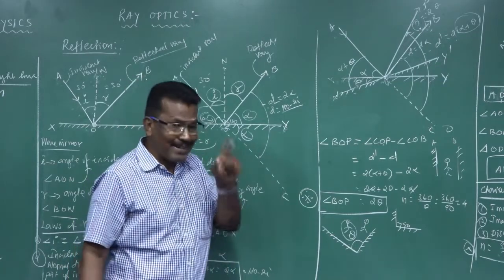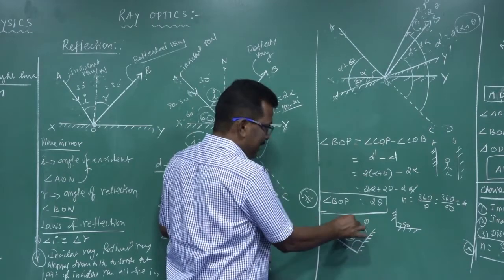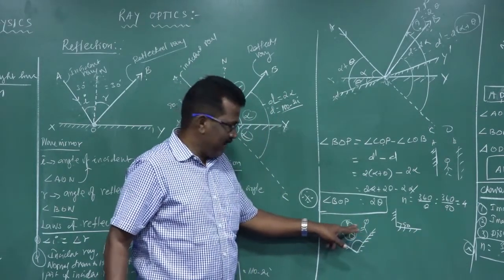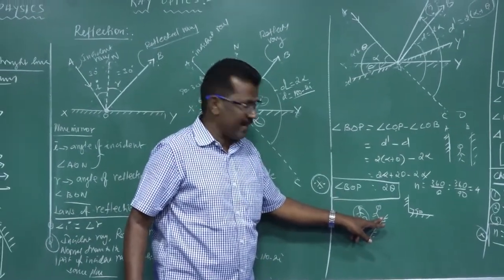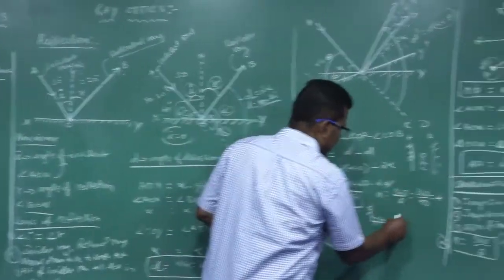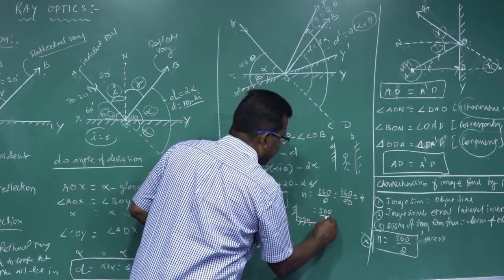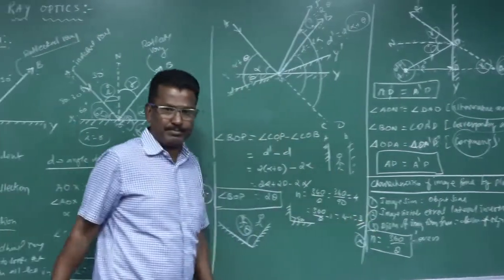The actual count depends on whether it is symmetrical or non-symmetrical. Symmetrical means the distances between the object and the two mirrors are equal. If the object is nearer to one of the mirrors, it is not symmetrical. But here you take n minus 1, so 360 by theta minus 1. So 4 minus 1 is equal to 3 images.